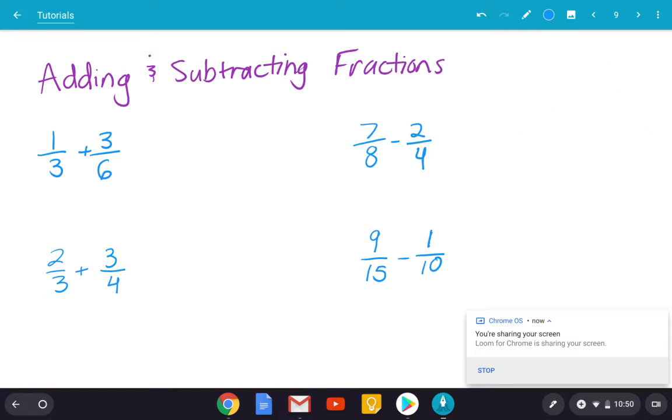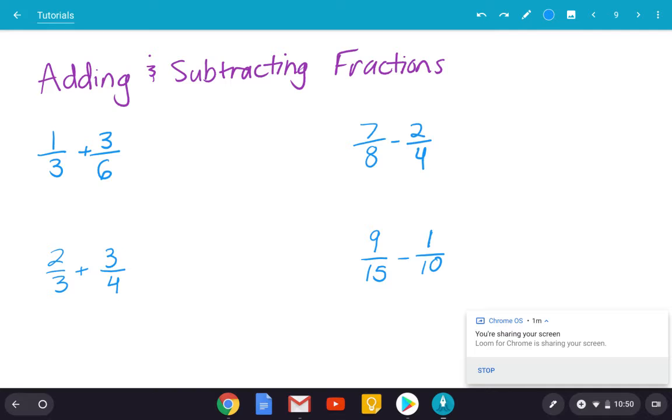To find a common denominator, we need to remember what we know about factors and multiples. If we look at our two denominators, we want to find a number that both of our denominators go into evenly. We could also say we want to find the least common multiple of the two denominators. So if I'm adding 1/3 plus 3/6, the smallest number that 3 and 6 both go into is 6.